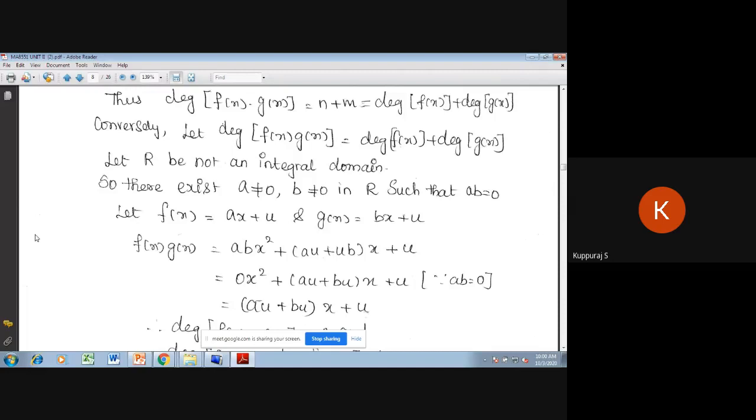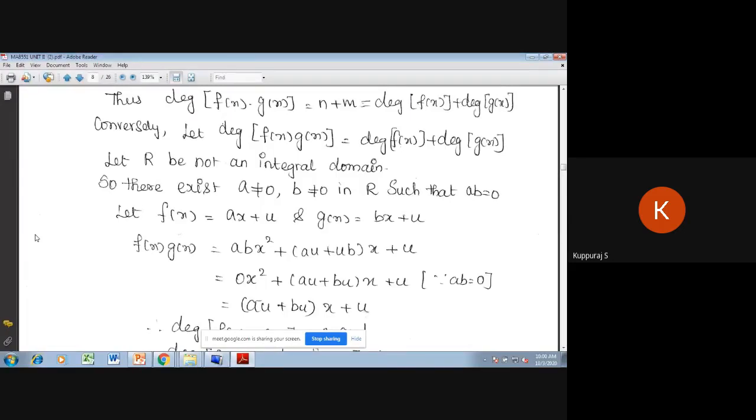So now multiply f(x) into g(x). ax is multiplied with bx and u, then u is multiplied with bx and u. Then collect the coefficient of x squared, then coefficient of x, then the constant term. You get ab x squared plus (a plus b) u x plus u.